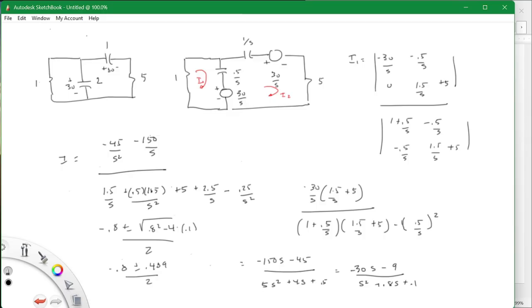So now all you got to do is you got to say it's equal to A over... 0.8 plus 0.489, divided by 2, is equal to 0.644.